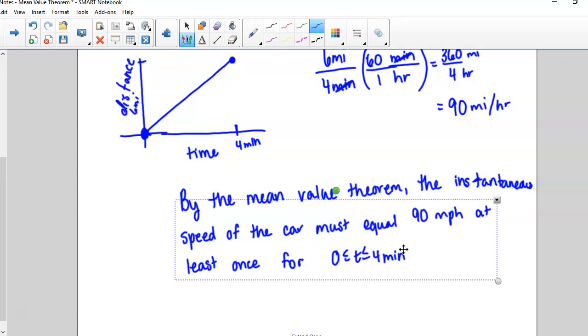In fact, since we know he was going below the speed limit at the points where he passed the cops, he was probably actually going even faster than 90 miles an hour in order for the average speed to come out as 90 miles an hour. So what this graph probably looked like is he was probably going slow right here.